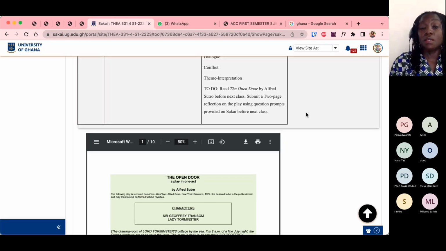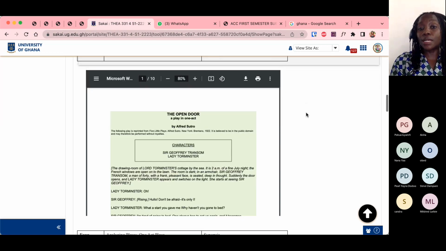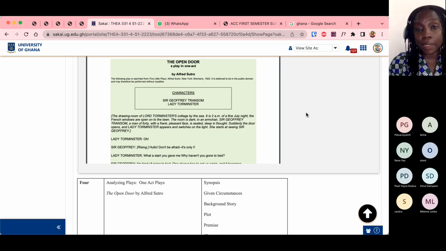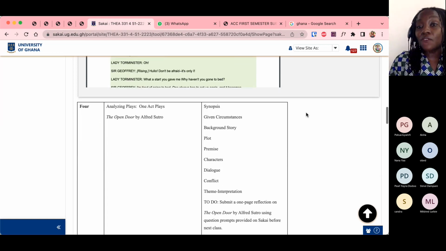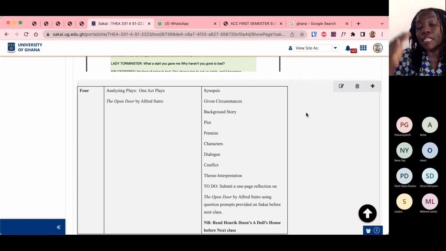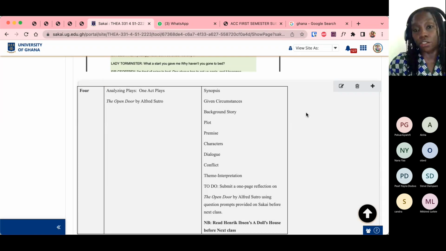So they are lengthier. That's why they are full-length plays. So you should clear these ones off your table so that you can have enough time to be reading the full-length plays in bits and making notes as you go till you finish.